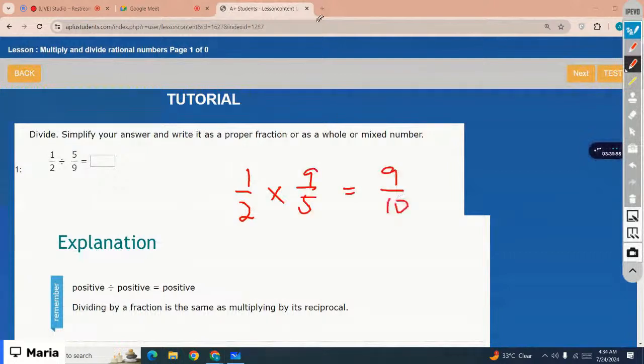So when we work on fractions, we do exactly the same thing, right? Let's just start with the test questions.